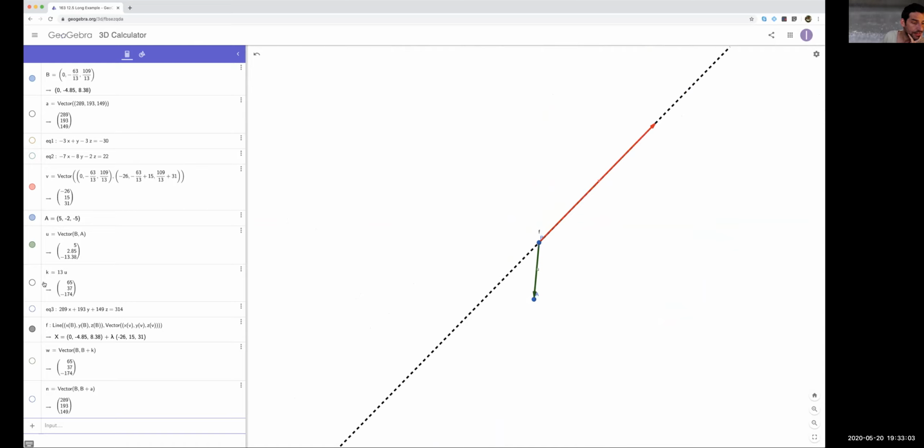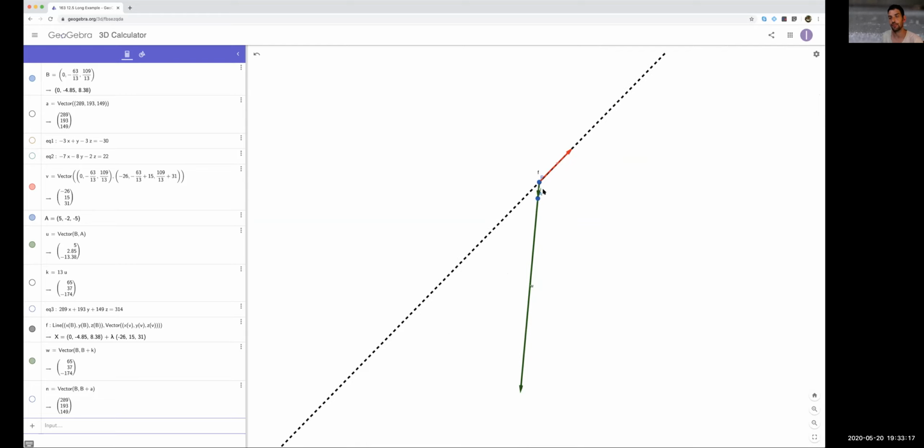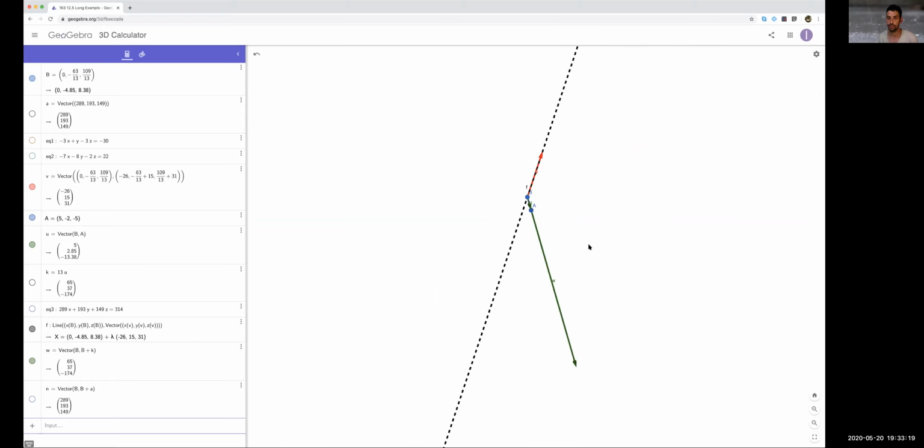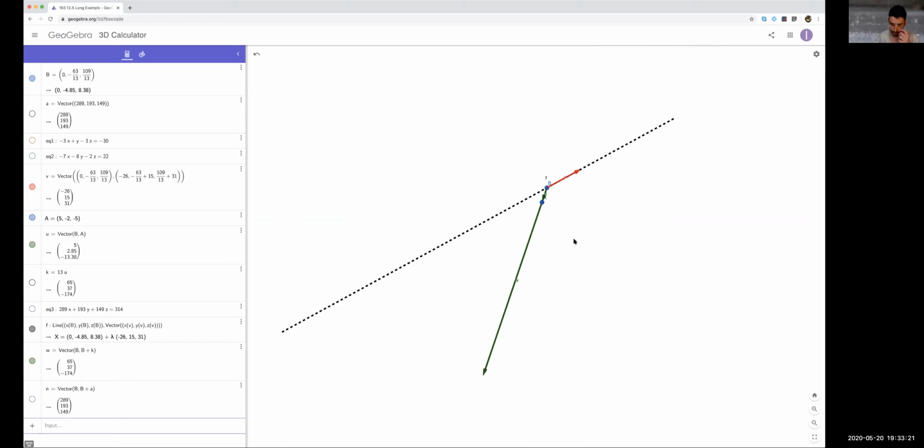Okay, so now, what was the next thing we did? Well, I created the vector W, which was a scaled version of U. So now I've got that. Notice it's just in the same direction, just sticking out 13 times farther, right? That was just something I did because I thought it made computation a little bit nicer.